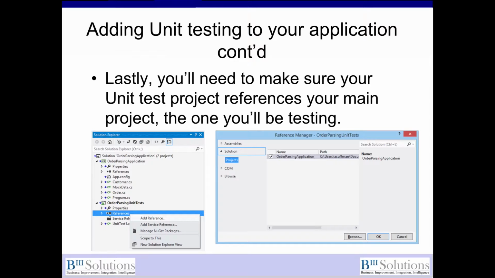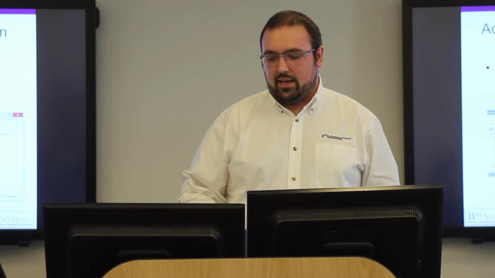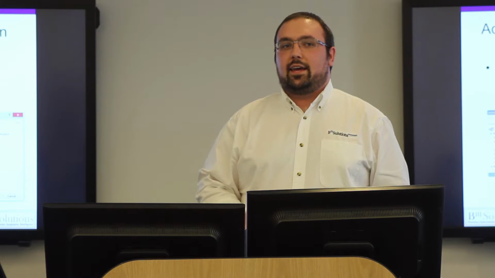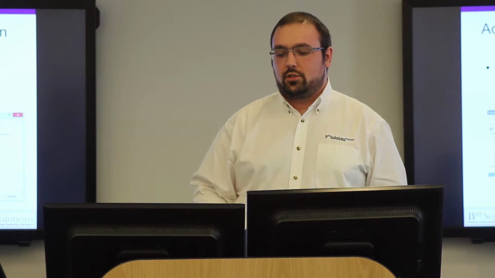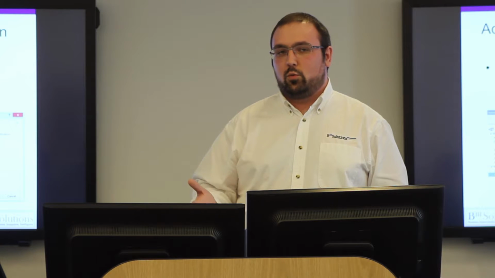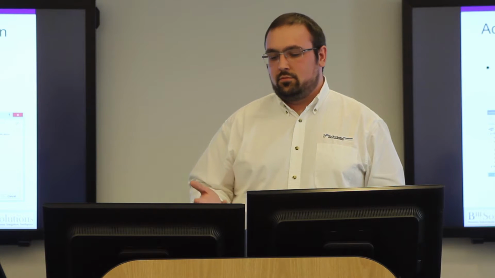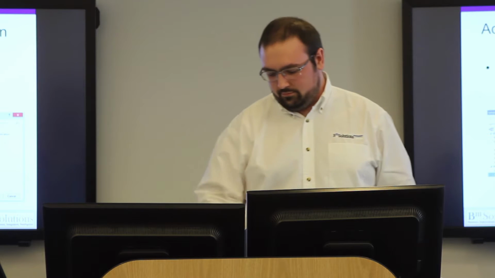In order for the unit tests to test against our actual application, we right click, add reference, and add a reference to that project. Your unit tests can potentially target and test every project in the solution, so if you've got multiple projects that you are testing, you just add a reference for each one.